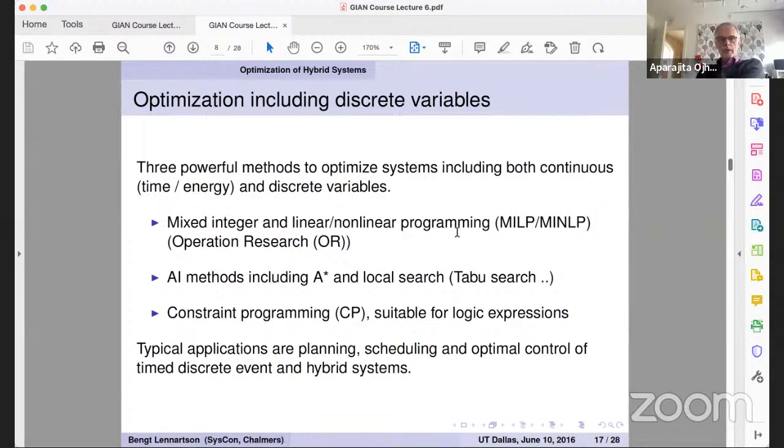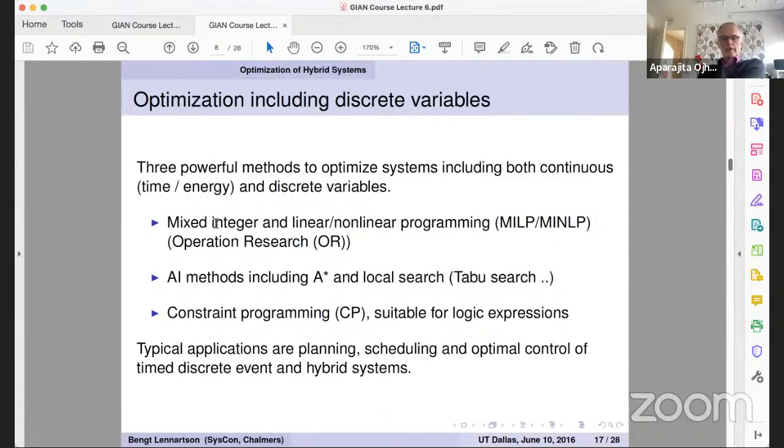Within OR, we have methods like mixed integer linear or nonlinear programming, MILP or MINLP. I can already now say that the robot problem, energy reduction, is in principle a MINLP problem.